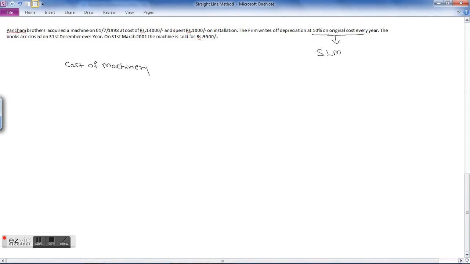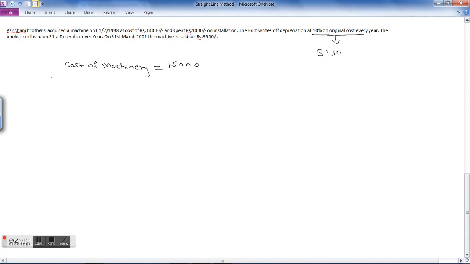Now 14,000 was the cost of machinery and 1,000 was the installation charges. As I told you earlier, the cost of machinery includes all the cost that is incurred for the particular asset till it is put to use or till the asset is ready for use. So all installation charges and trial run charges will be added to the cost of machinery. So here the cost of machinery will be 14,000 plus 1,000, that is 15,000.